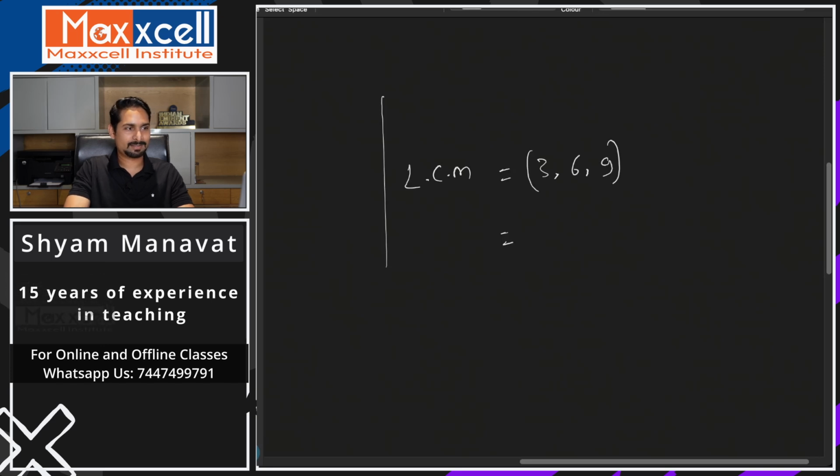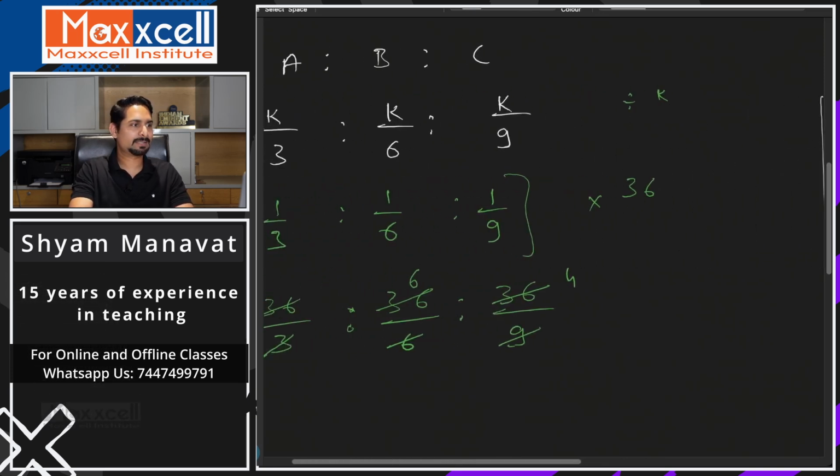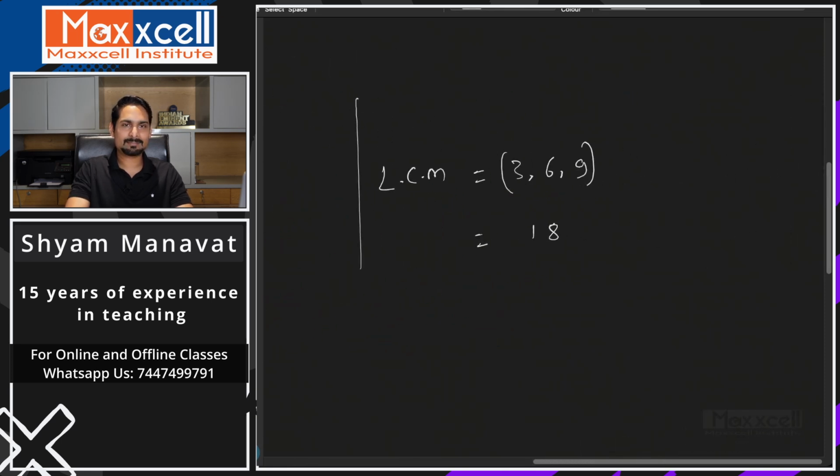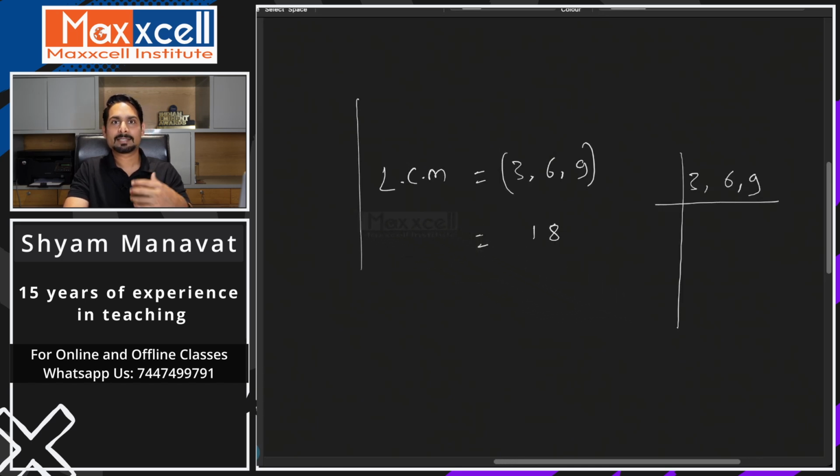I got it. The LCM is 18, not 36. Do you know how to calculate the LCM? I hope you are aware of it. Write 3, 6, 9 and divide by some numbers.